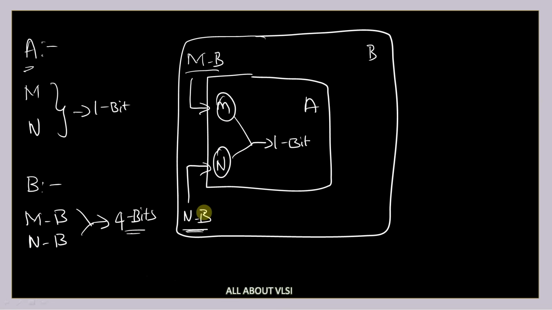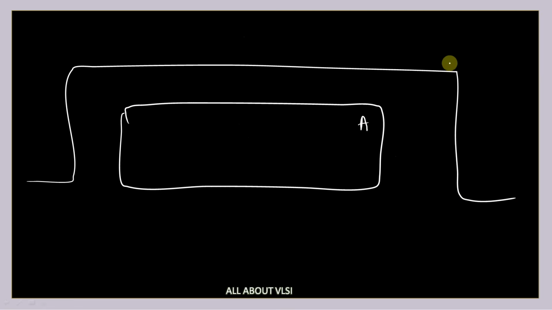What is going to happen is you can assume this as 4 wires. I will draw it from another perspective. This is our module A and this is our module B. This is our M and this is our N, which are of 4 bits width.